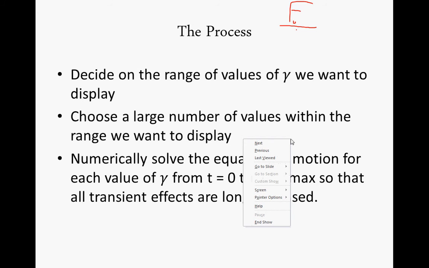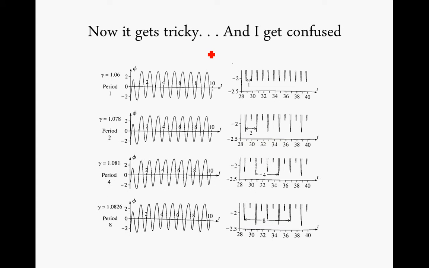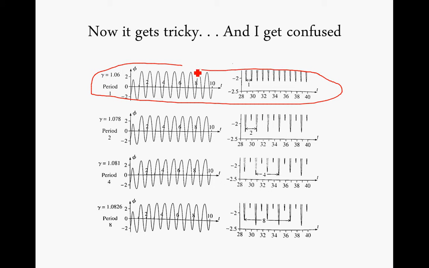And so after we do that, let's say we chose 1,000 gammas, we're going to get 1,000 of these graphs here. And then this is where it gets a little bit tricky, and I sometimes get confused here. What we want to do now is find a value of phi at each one of these graphs for a certain time in a given time interval.